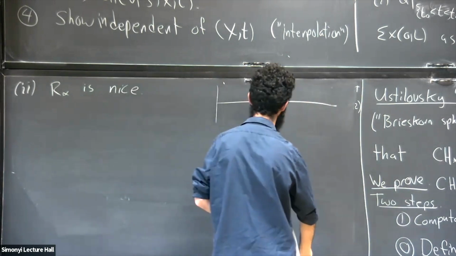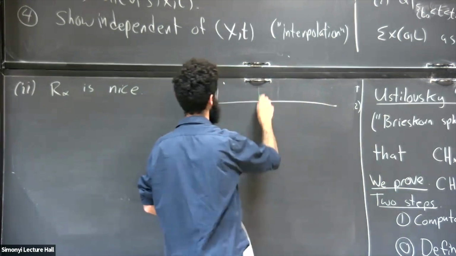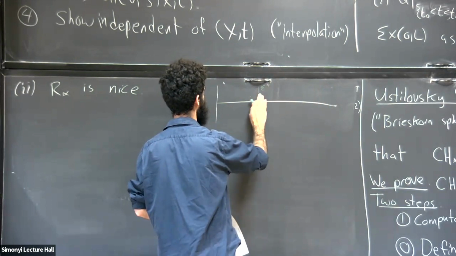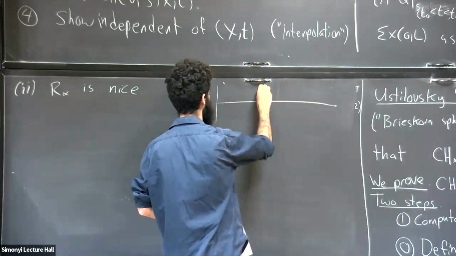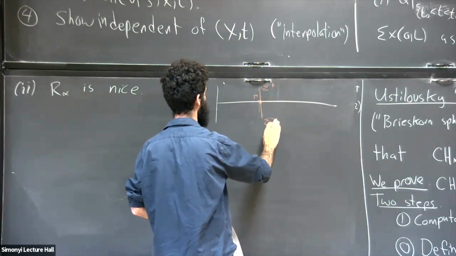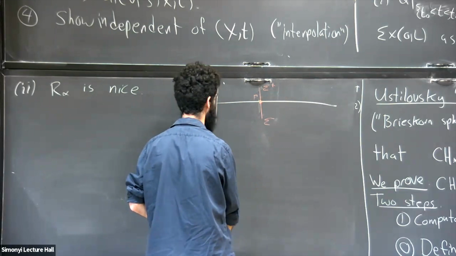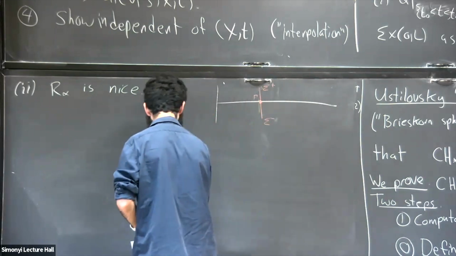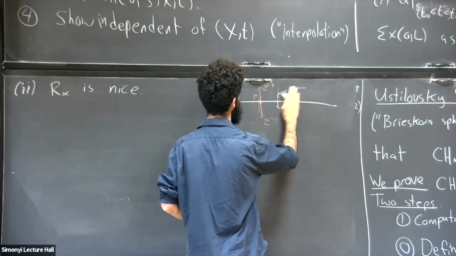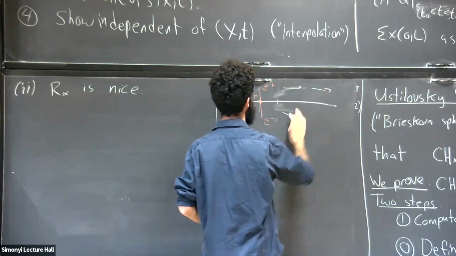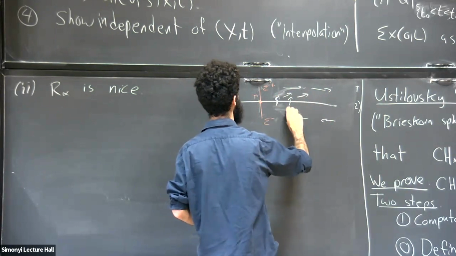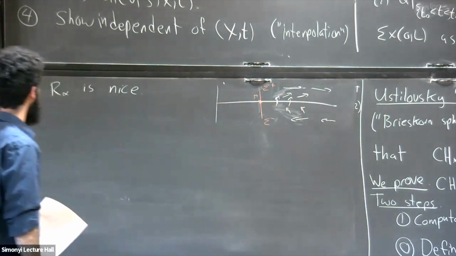But for those who know about it, they have a dividing set, a positive part and a negative part, and the condition is that the Reeb vector field should look like this. It should be outward pointing on the positive part, inward pointing on the negative part, and transverse on the dividing set.